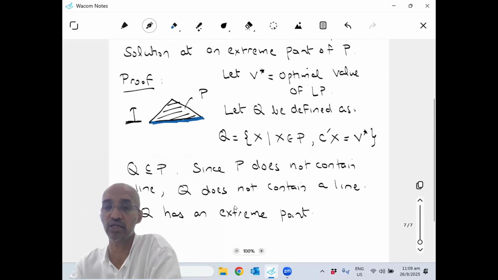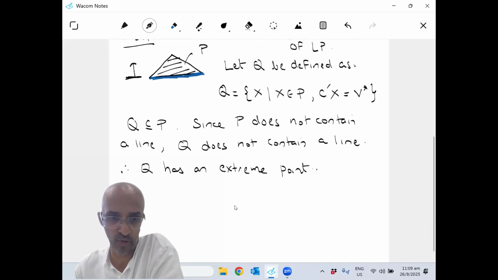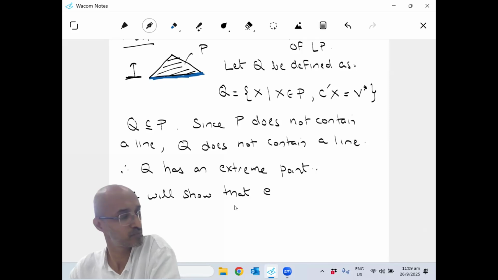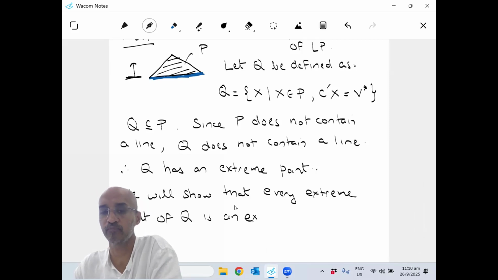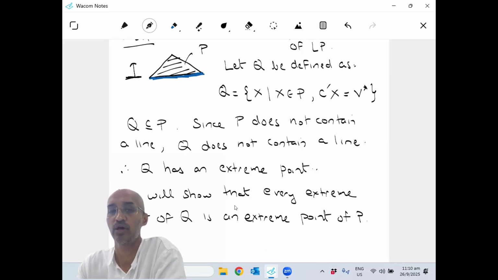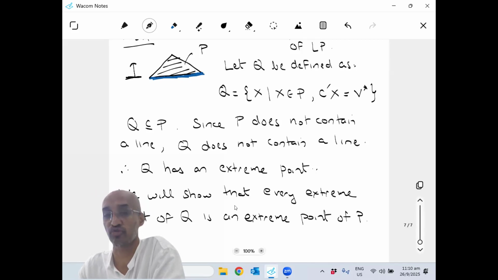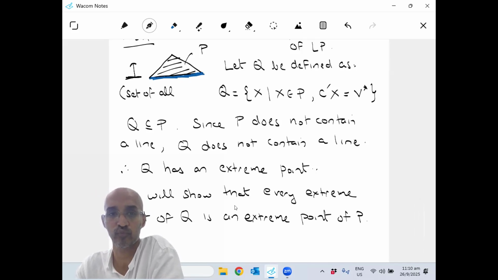So all we have to argue now is that every extreme point of the smaller set, every extreme point of Q, is an extreme point of P. We will show this, and this will prove the result. Why is this? Because Q is the set of all optimum solutions. That's Q.